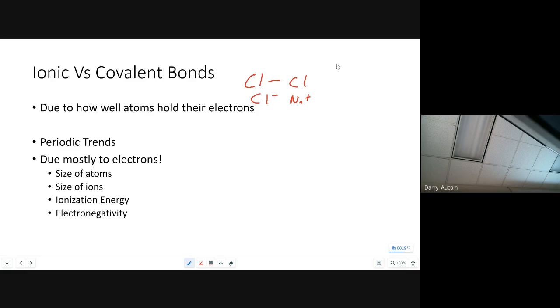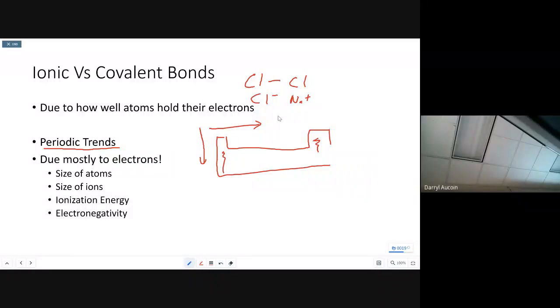And these are what are called periodic trends generally. They're properties of atoms that are due to where it is on that periodic table. So when you look at the periodic table and you try to figure out where that atom is, based on where it is, you're going to have different behaviors of atoms over here versus atoms over here. And even as you either move this way or this way on a periodic table, you'll see certain behaviors start to happen. Certain atoms are better at holding on to their electrons. Certain atoms are better at giving away electrons. Some atoms get really big.